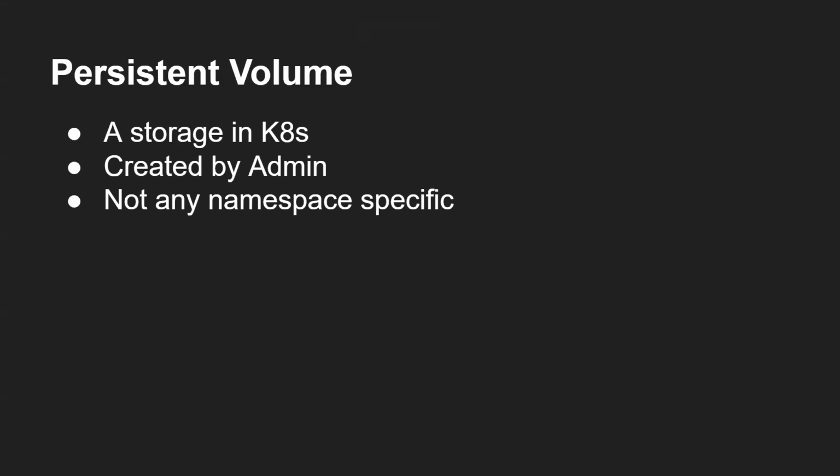It will be created from your storage. Storage can be your EBS or EFS or any kind of storage. For example, you have 100 GB or 500 GB of storage, and the admin will create a 20 GB persistent volume. So this is not namespace specific.